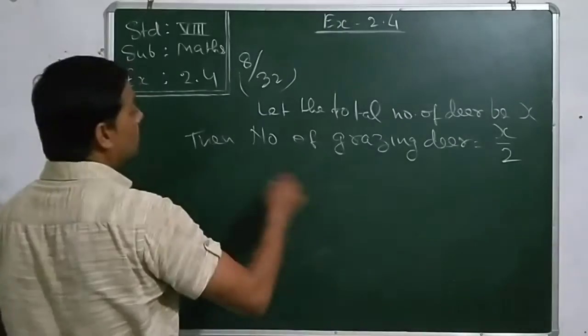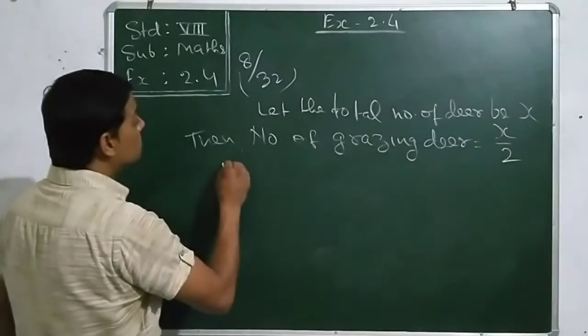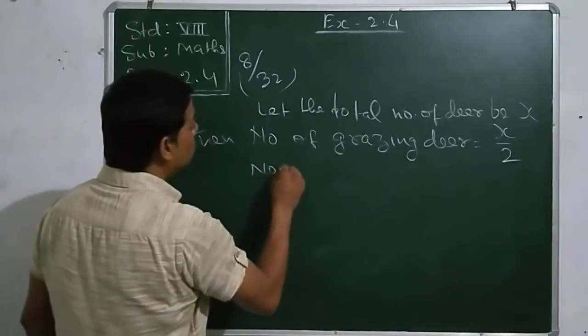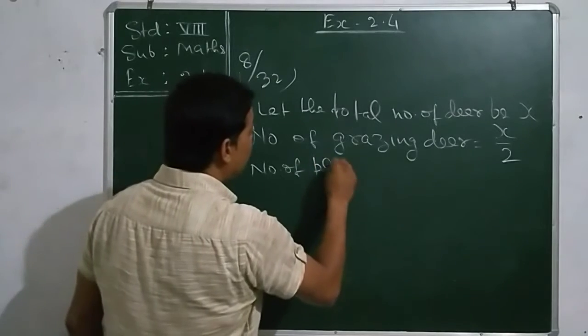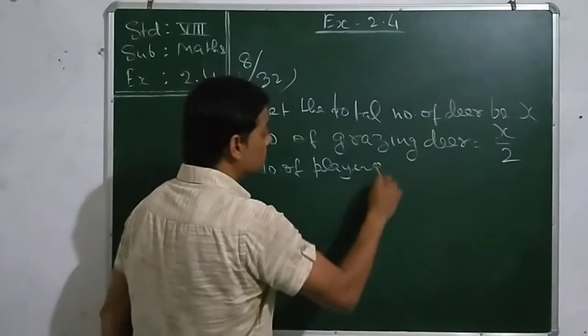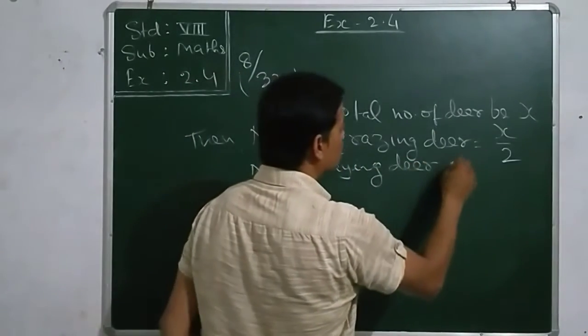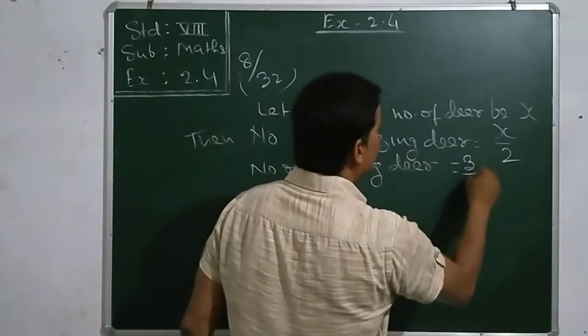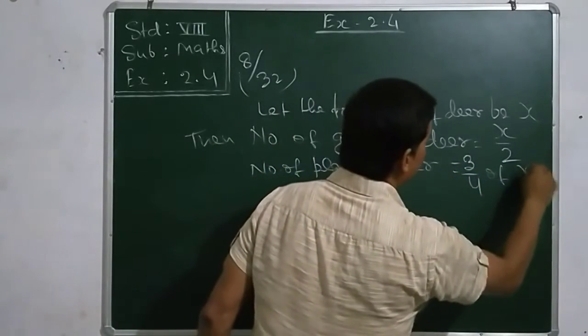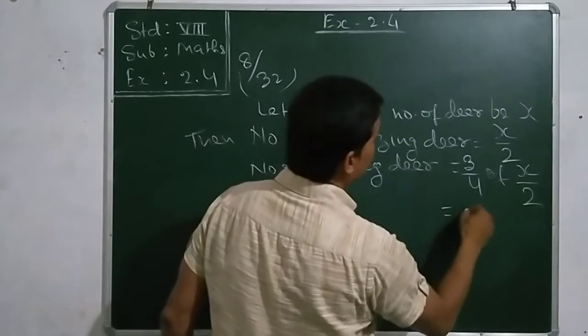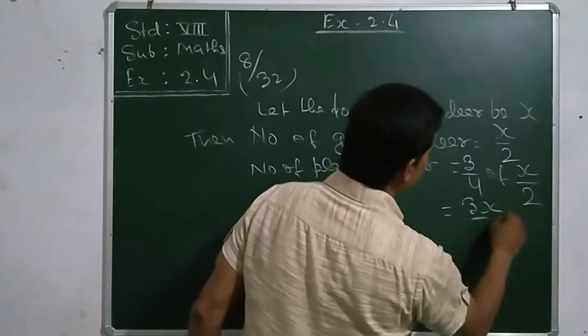playing nearby. Number of playing deer, 3/4 of x by 2, that will be 3x by 8.